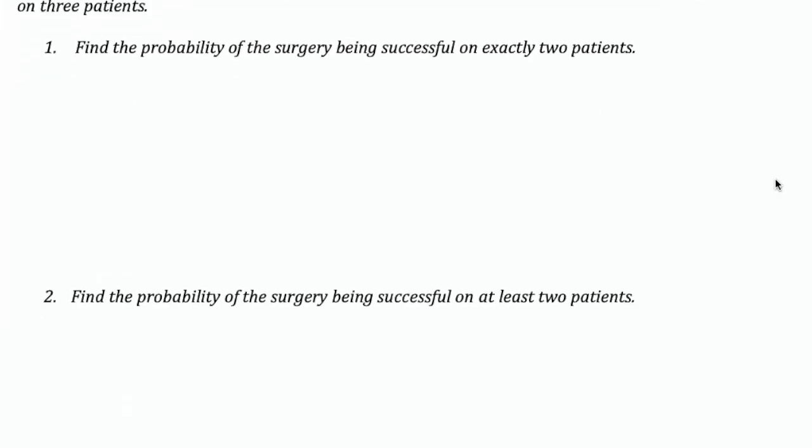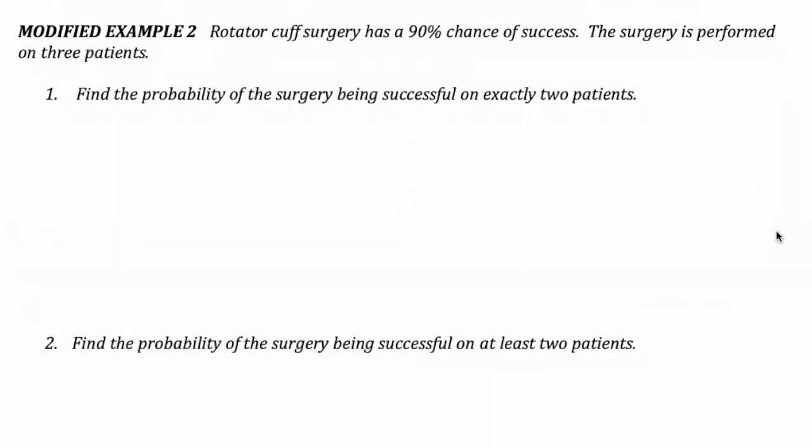In this first example, we have rotator cuff surgery has a 90% chance of success, and the surgery is going to be performed on 3 patients. In number 1, we want to find the probability of the surgery being successful on exactly 2 patients. So the first thing that we're going to want to make sure that we're clear about is what we're deeming a success and what we're deeming a failure.